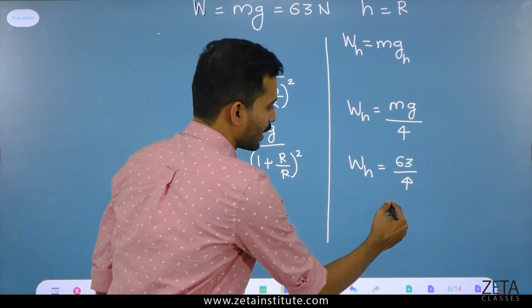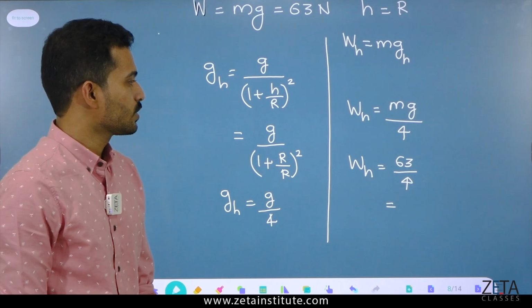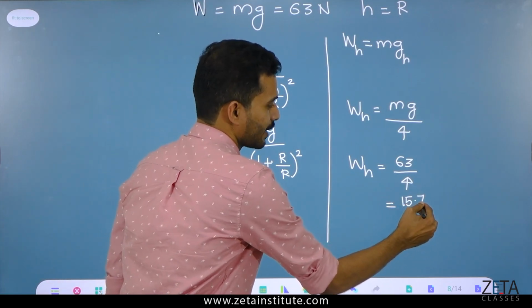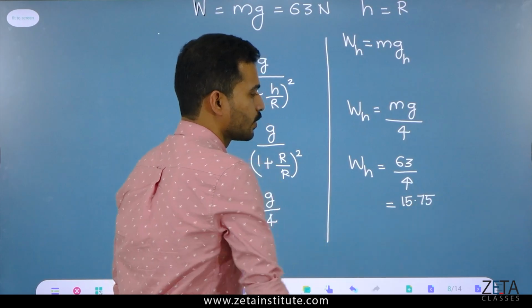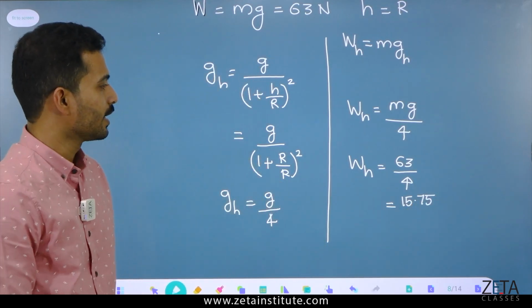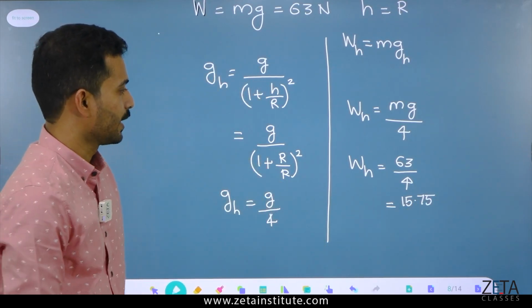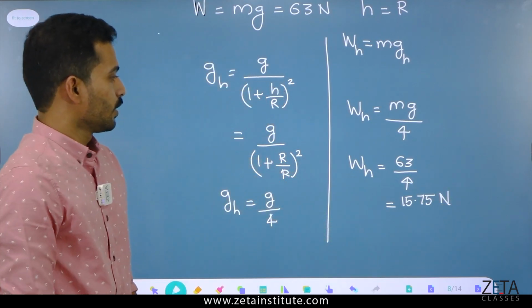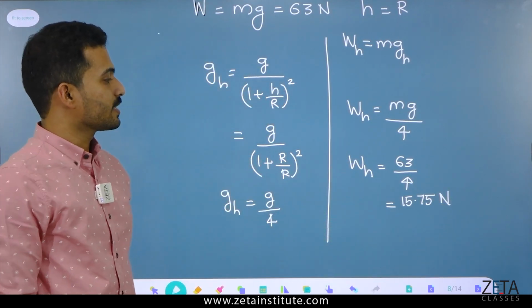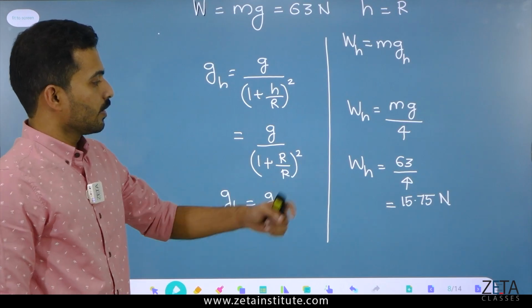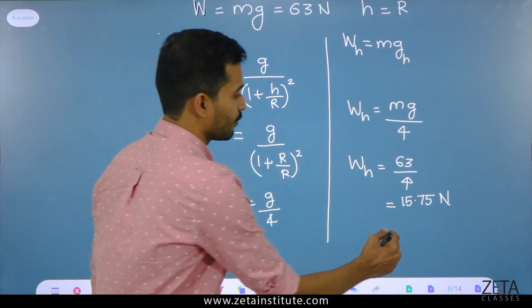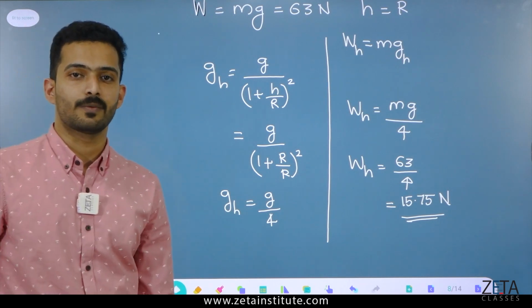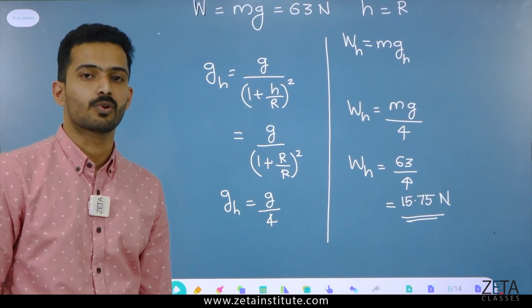That is almost equal to 57.75 Newton. So the weight at a height h is 57.75 Newton. The weight decreases by 4 times.